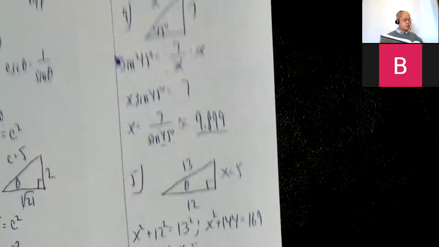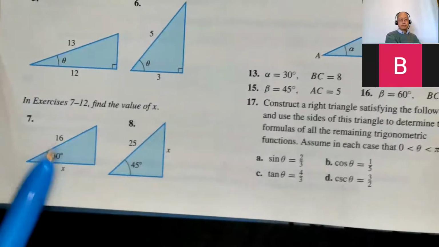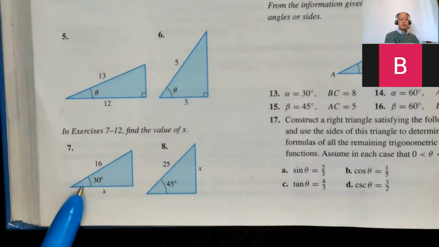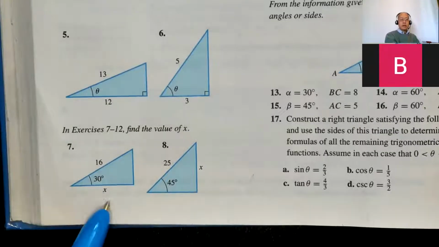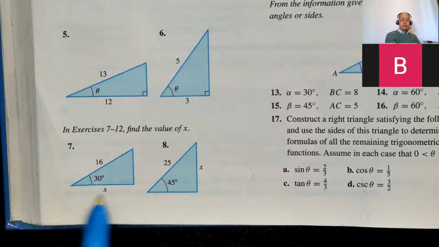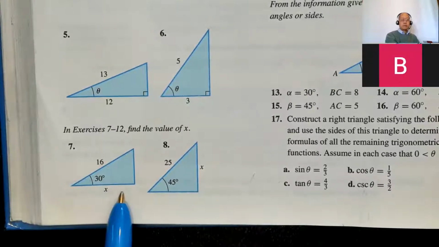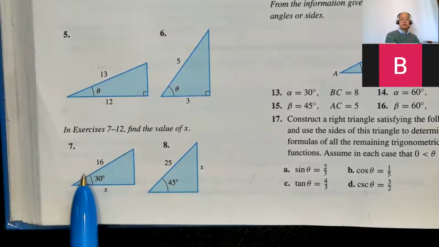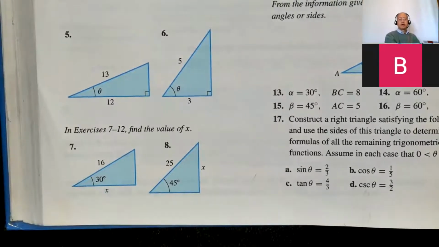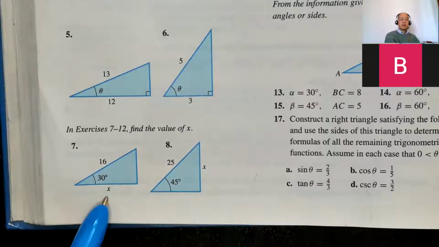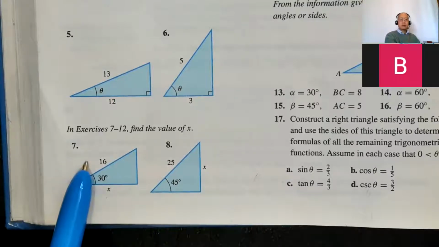Okay, so you go back to number 7, even though I'm not really doing it. We'll just get you started with it. 30 degrees, x, 16. So which side is this? Adjacent. This? Hypotenuse. So which trig function involves adjacent and hypotenuse?